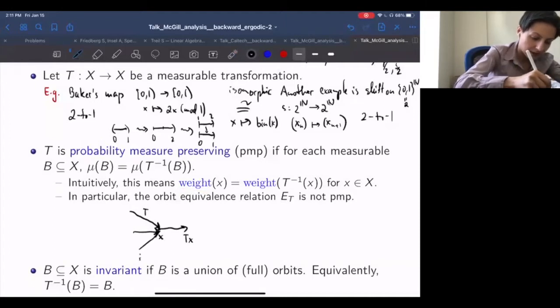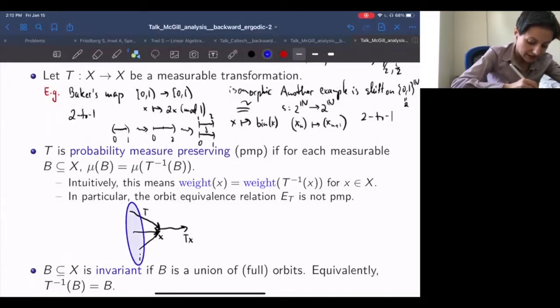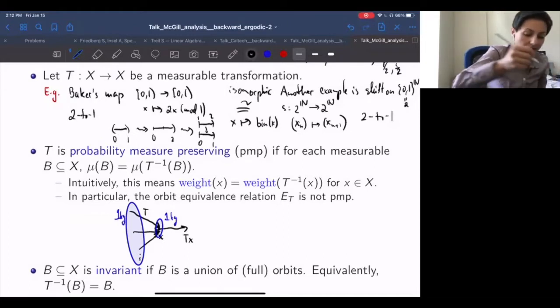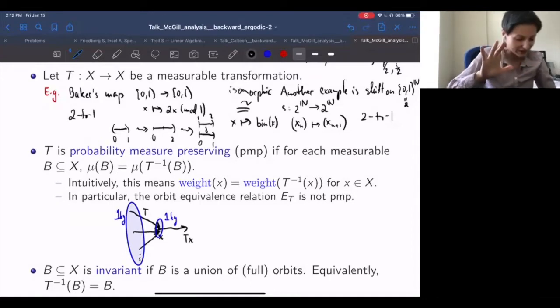Now if you take this set of pre-images, this set and this point X have the same weight. So this is 1 kilogram. This whole thing is also 1 kilogram. Okay, that's the intuition. I'm just giving you intuitive things, okay?